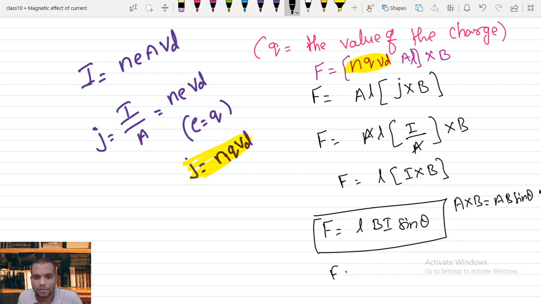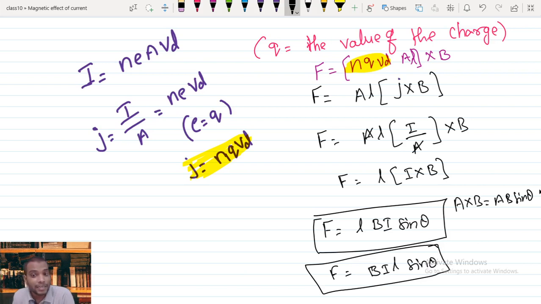It's easy to remember, I used to pronounce this one as BIL sin theta. But whenever you apply the force direction, please mind carefully where the cross product is. The cross product is between the magnetic field and the current carrying element.